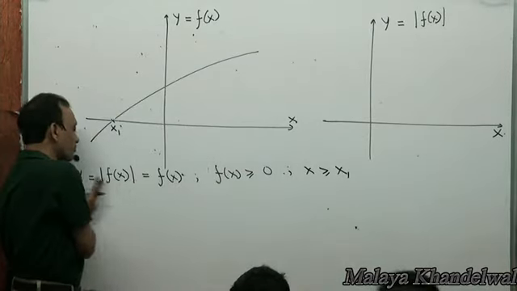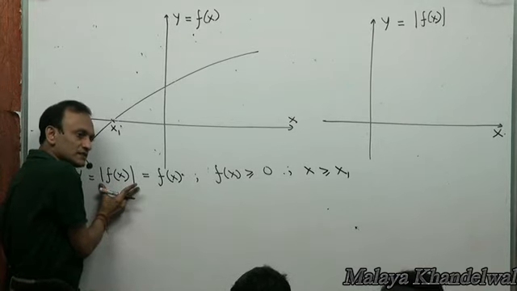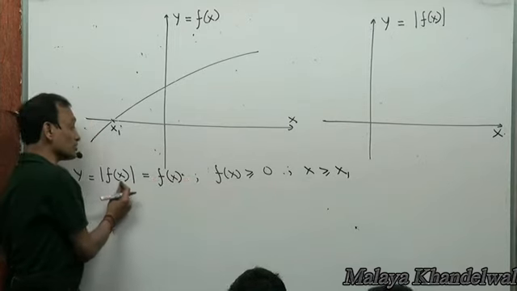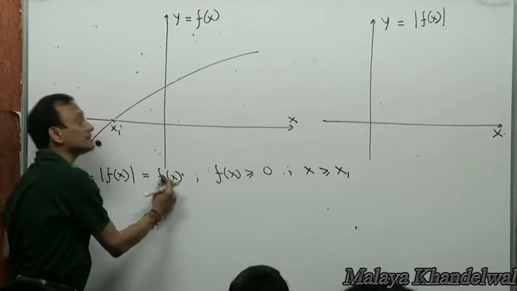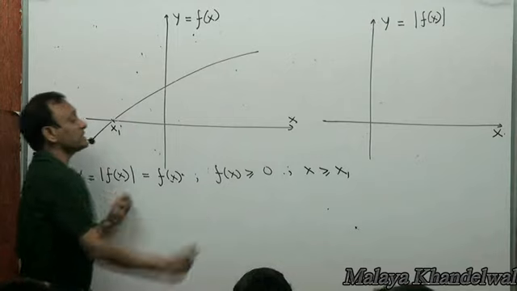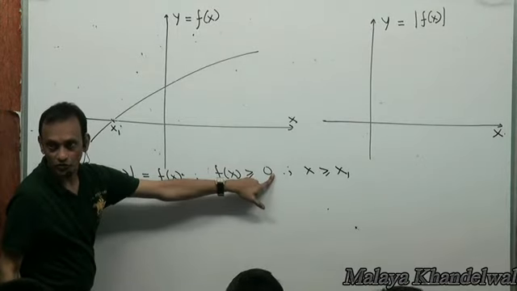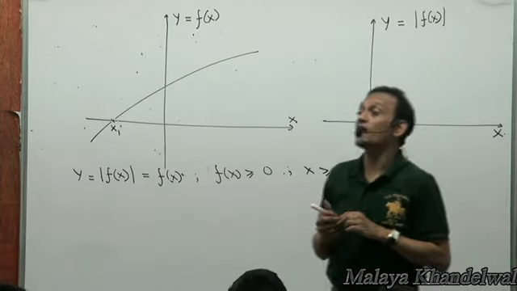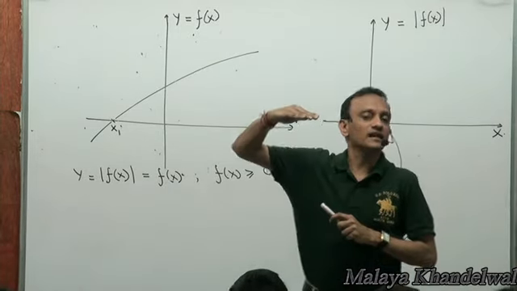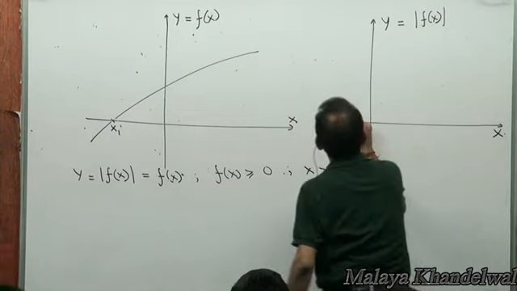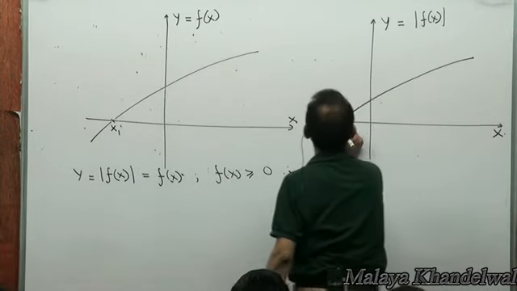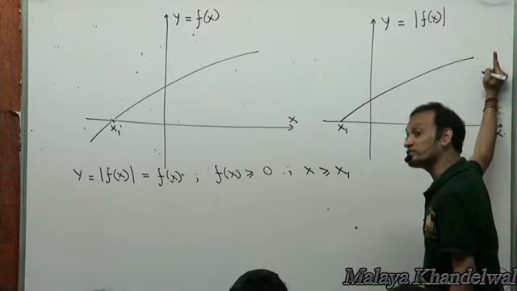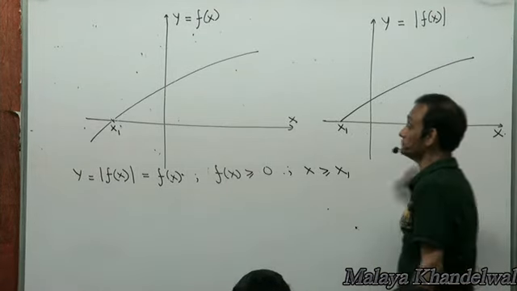So the y given by mod f(x) is the same y given by f(x). That means for that part of f(x) which lies above the x-axis, the graphs of mod f(x) and f(x) will be identical.